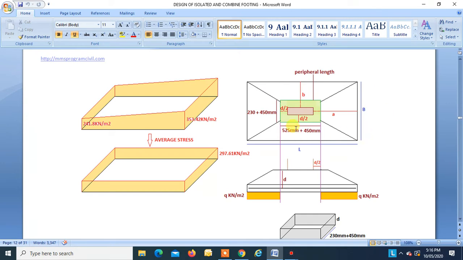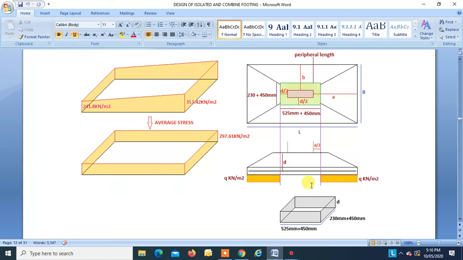It becomes easy for the calculation, and the results obtained by applying this stress or this stress will be the same. So we are taking the average stress like this, as shown in this figure.